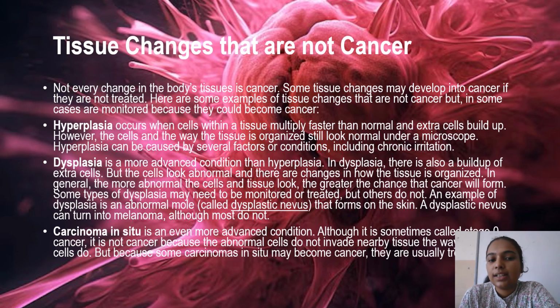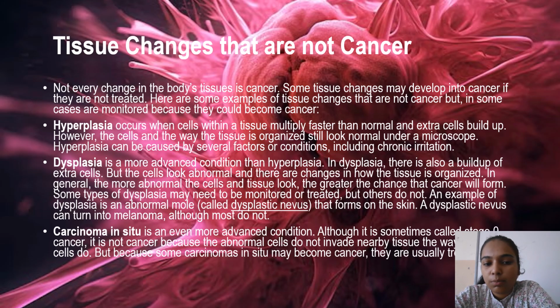Hyperplasia occurs when cells within the tissue multiply faster than normal and extra cells build up. Dysplasia is also a similar condition, but in this case the buildup of extra cells is high and the cells look abnormal, and the changes in how the tissue is organized are also different from those of hyperplasia.